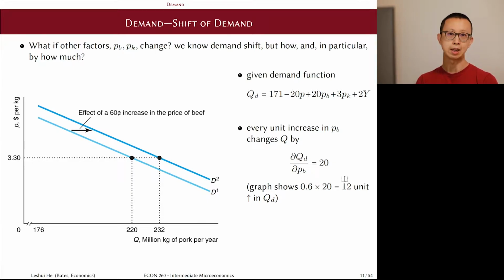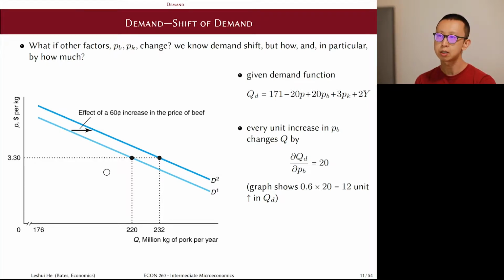That's the same regardless of the value of P, PK, or Y. In other words, it doesn't matter which part of the curve we're looking at. Whatever P level we're looking at along the curve, the shift in quantity demanded from a 1 unit increase in PB is always going to be 20 units.